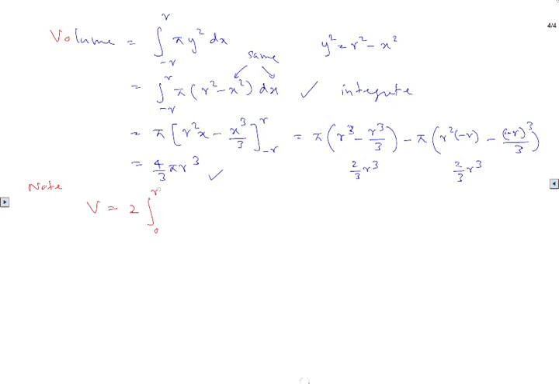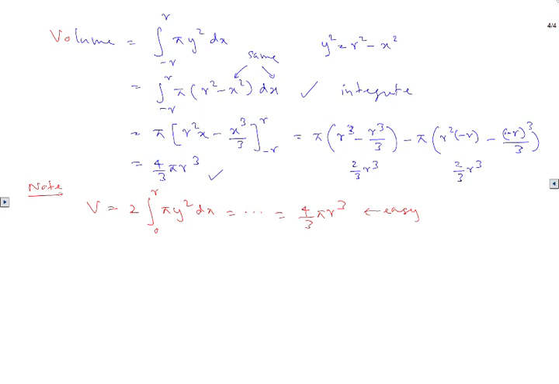So you put twice only half of it, pi r squared dx, and this also ends up getting 4/3 pi r cubed. And this might be easier because you have a 0, so you don't have to plug in anything. So think about that. When you have a symmetry, you can also use that idea: you integrate half of it and you double it.